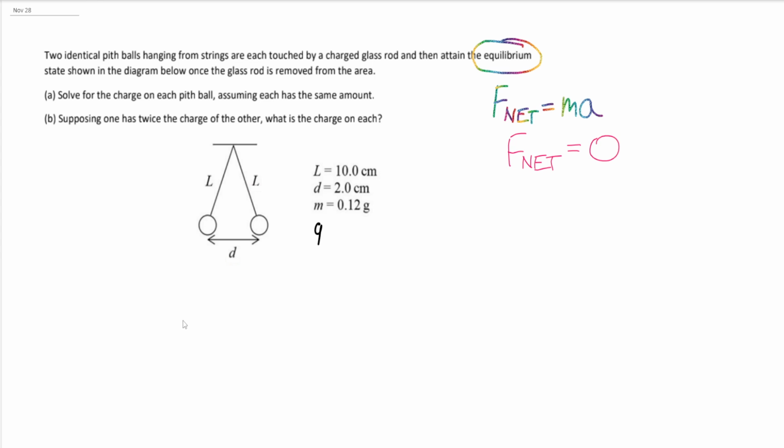Did you pick a particular value, or did you just keep it as Q, or have you attempted this one yet? Okay. So now that we have that little bit of information, which was almost directly given to us from the question, equilibrium means F net equals zero. So there's a reasonable crumb for us to follow.